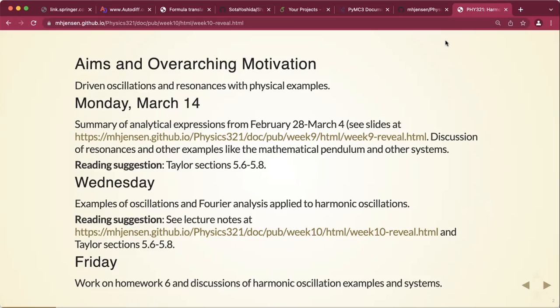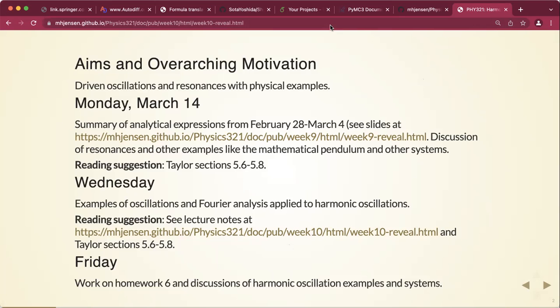And then we're also going to jump into another example, which is the mathematical pendulum, which you will encounter in homework number 7. And that's a case where you're going to explore different parameters for the mathematical pendulum, which again is a kind of oscillatory motion. So let's go back to the whiteboard.